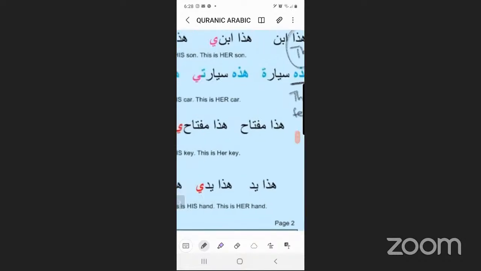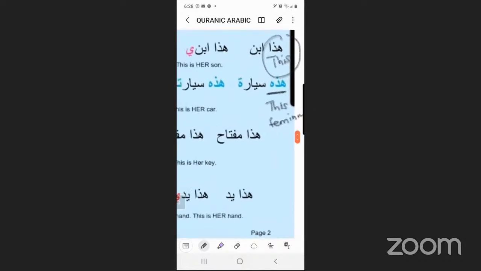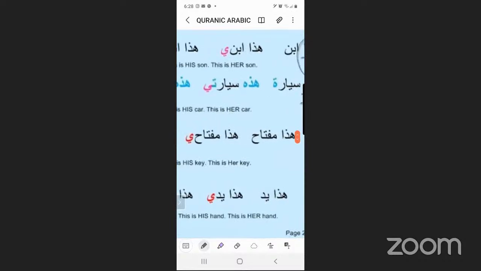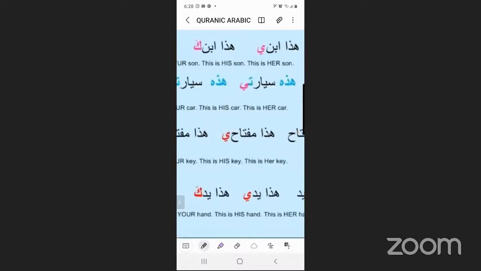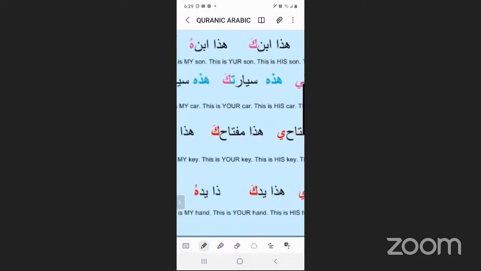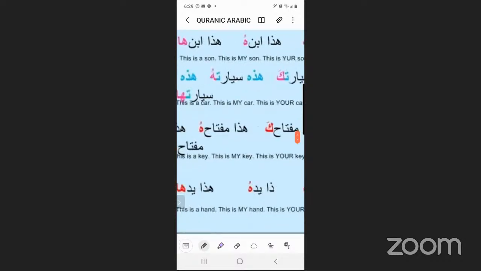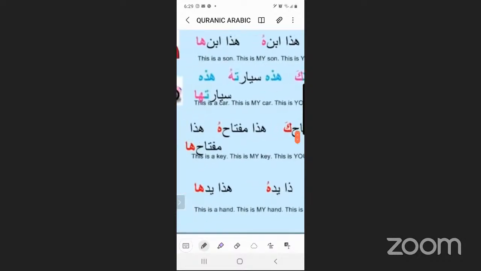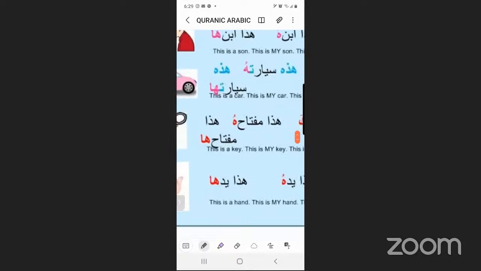I can say هذه سيارة, this is a car. هذه سيارتي, because we use هذه in the feminine form as سيارة is feminine. سيارتي, this is my car. هذه سيارتك, this is your car. هذا سيارته, this is his car. هذا سيارتها, this is her car.